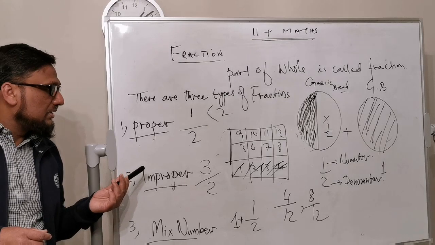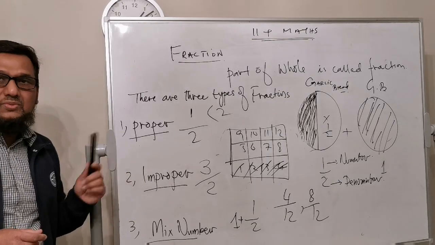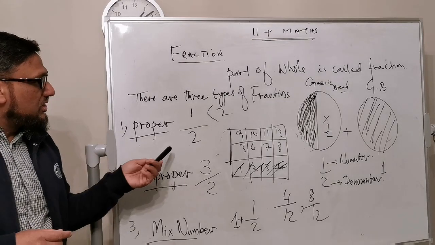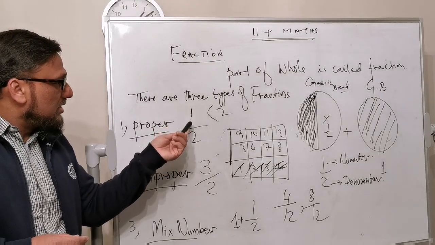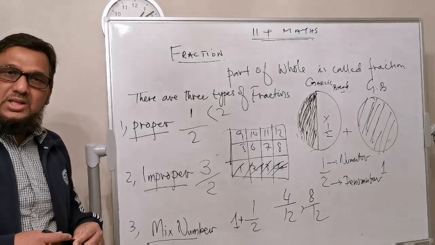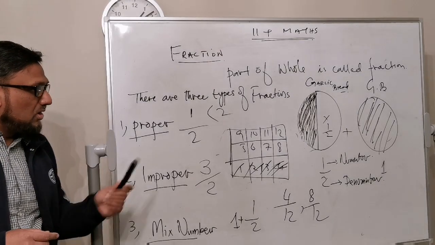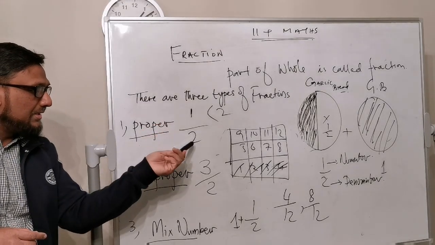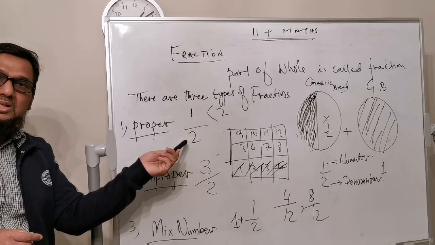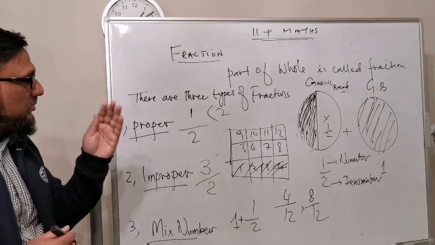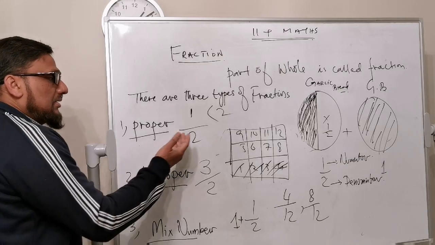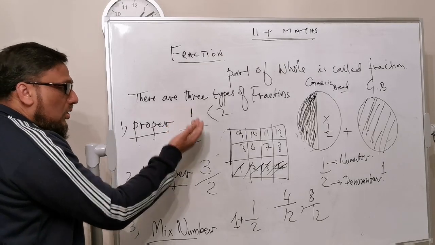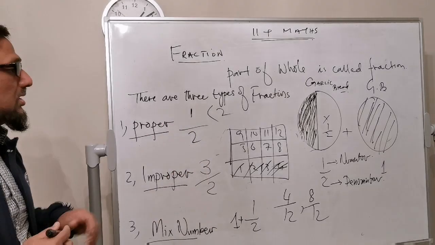Proper fractions are those fractions whose numerator value is lower than the denominator. So always remember, if a fraction has a numerator lower than the denominator, it is called a proper fraction.